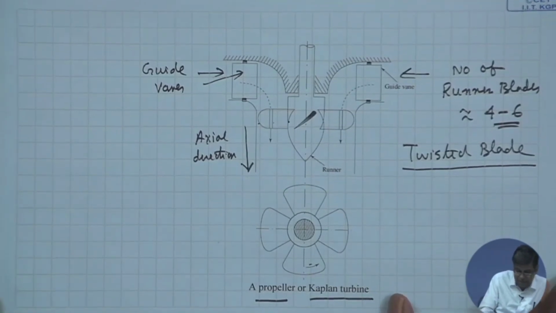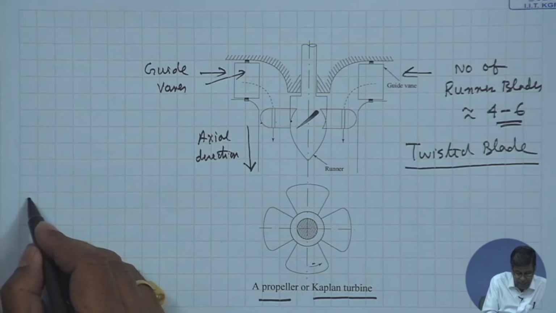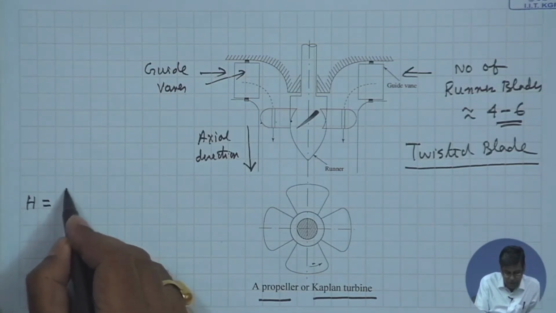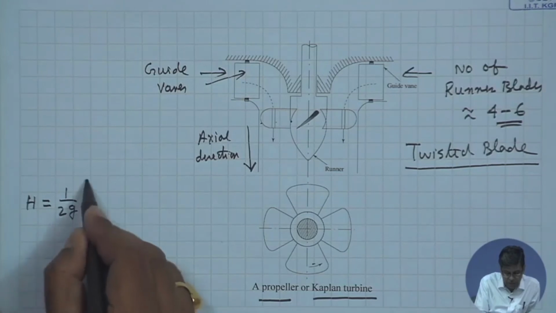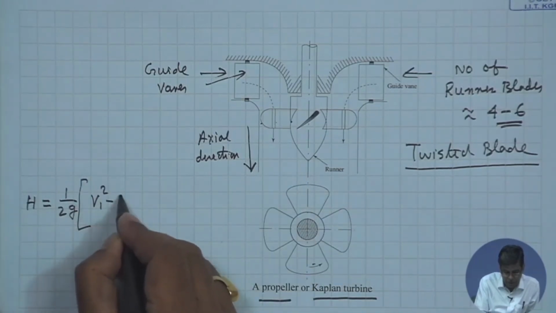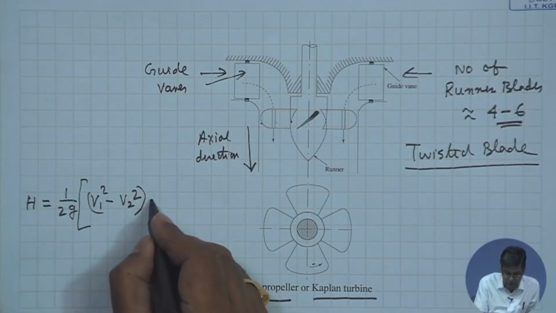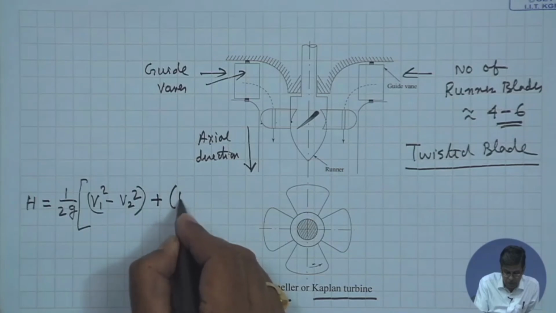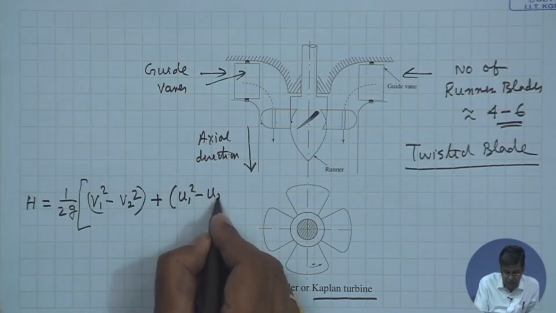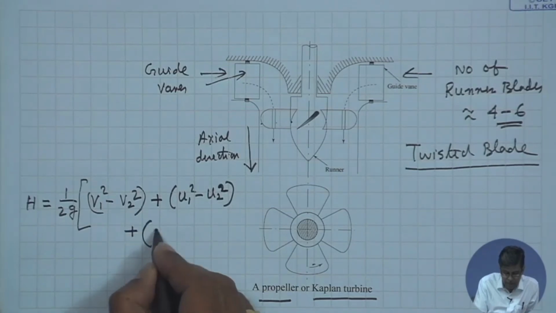Now, after this, just recall one thing: the head, that is energy per unit weight, imparted to the rotor by the fluid is 1 by 2g, V1 square minus V2 square, plus U1 square minus U2 square, plus VR2 square minus VR1 square.